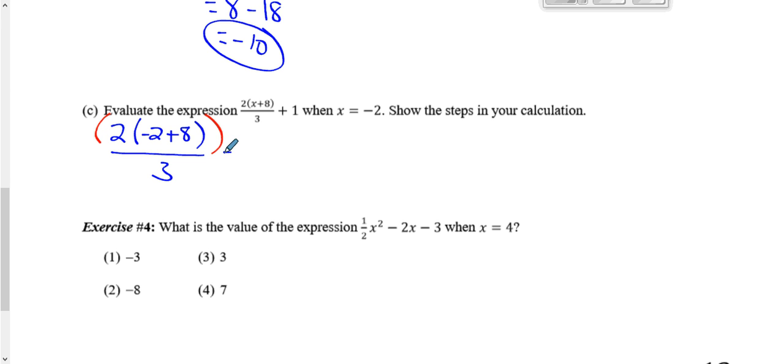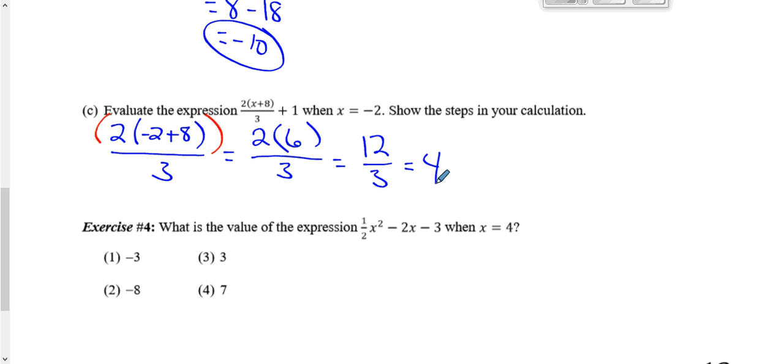All right, what do we do first? The negative 2 plus 8. And what's that? 6, right? Over 3. Now what do we do? Multiply it, so that gives us 12 over 3, which is 4.